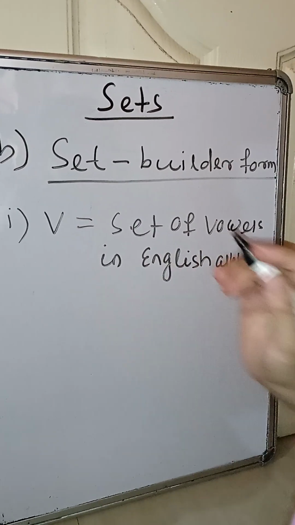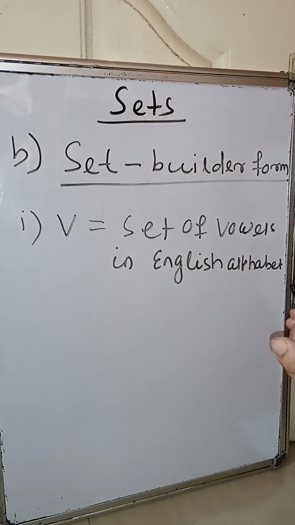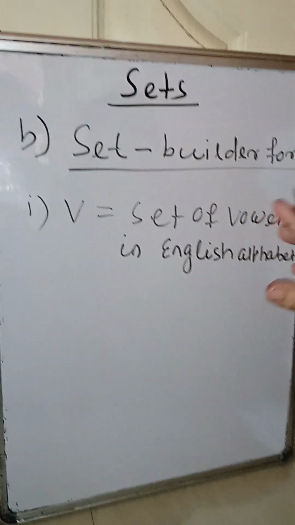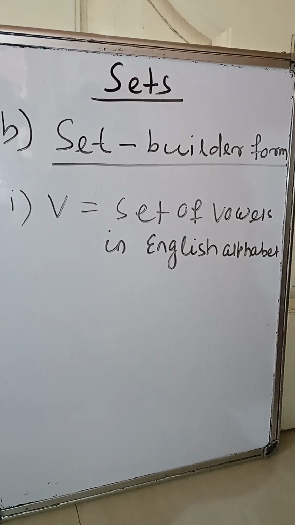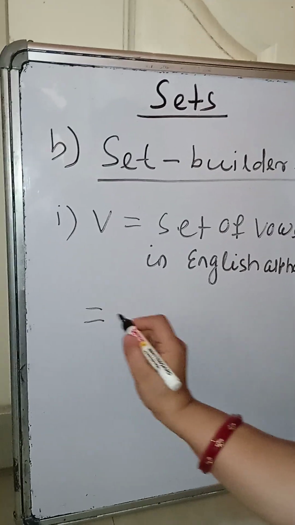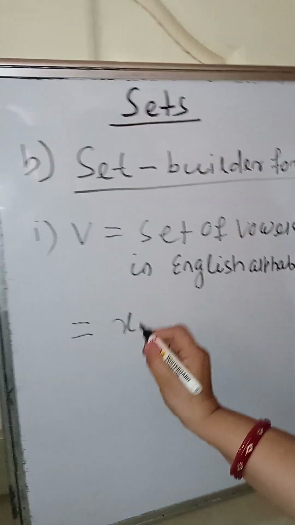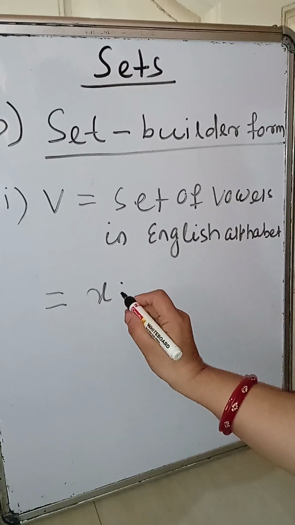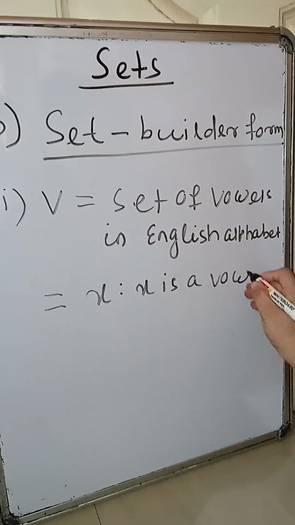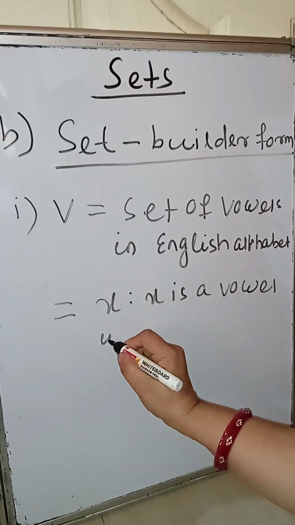You know how we write the set in tabular form or roster form. Now this set can also be written in set builder form, where we write a common property for each element of this set. So we can write like this in set builder form: {x such that x is a vowel in English alphabet}.